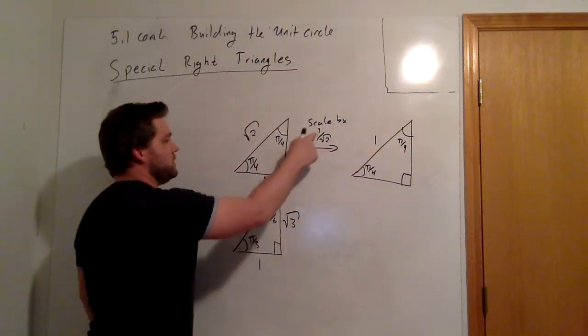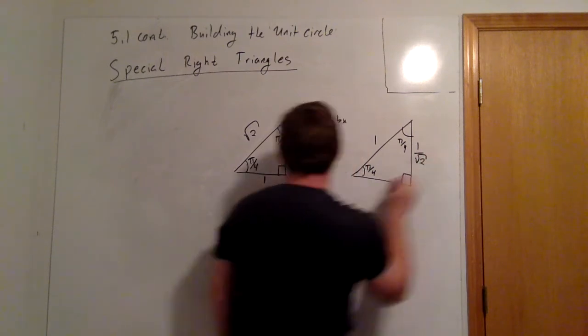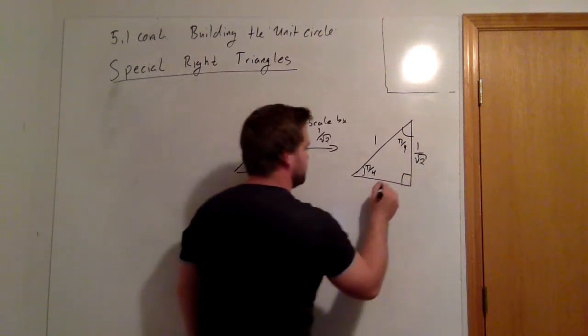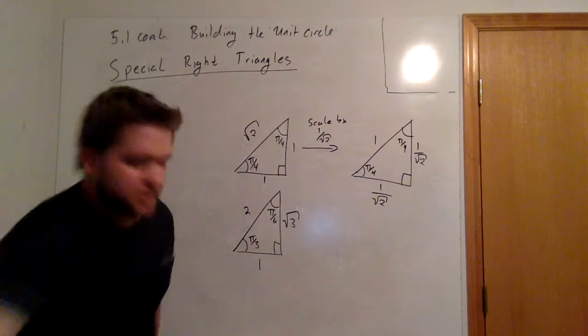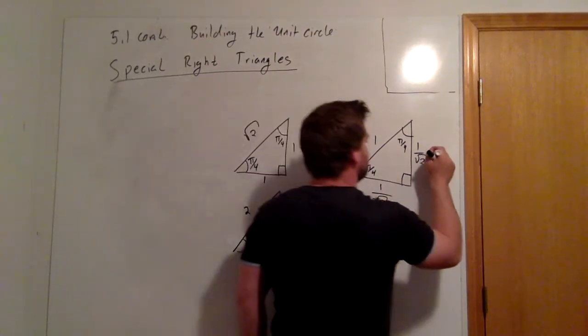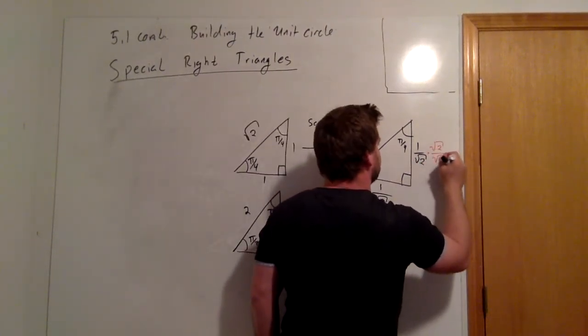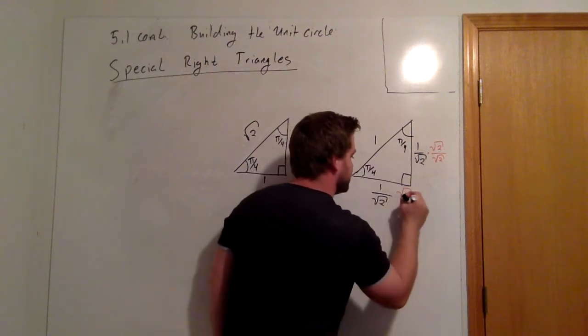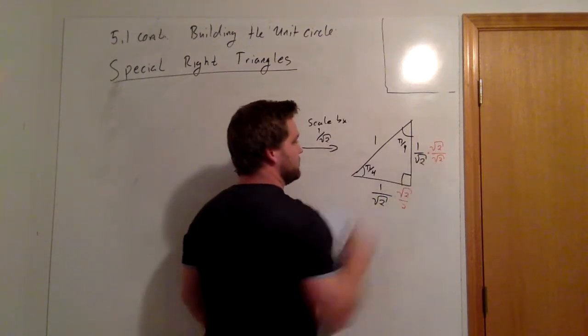I'll get a 1 divided by root 2, so a 1 over root 2, and a 1 over root 2. And if I rationalize the denominator, multiplying this number by root 2 over root 2, and this one by root 2 over root 2, what we're going to get is root 2 divided by 2.